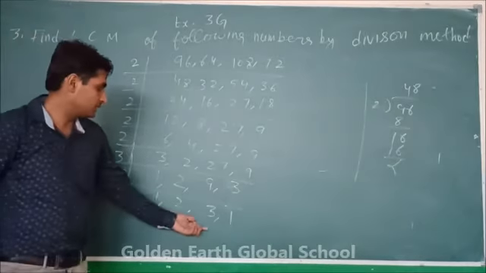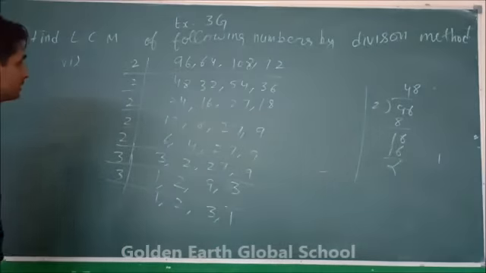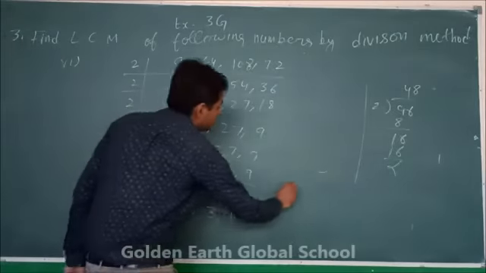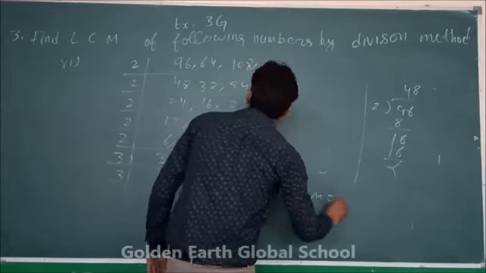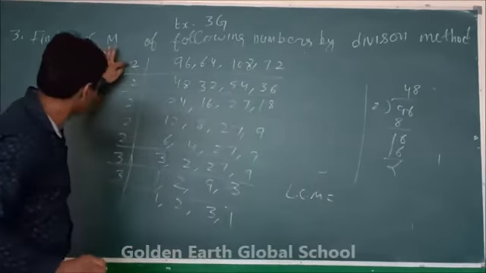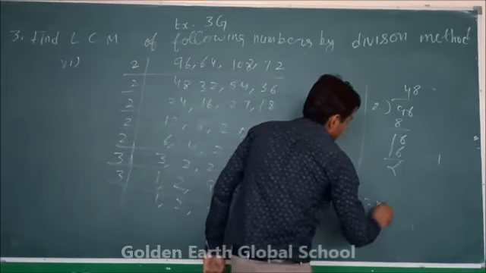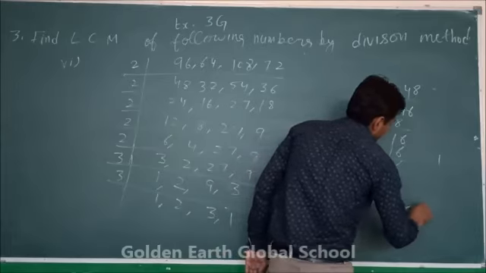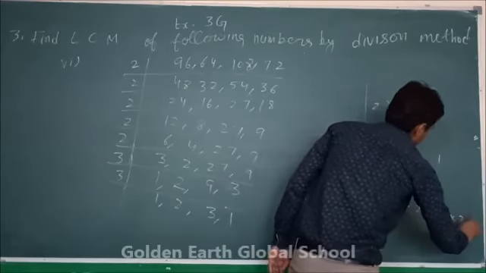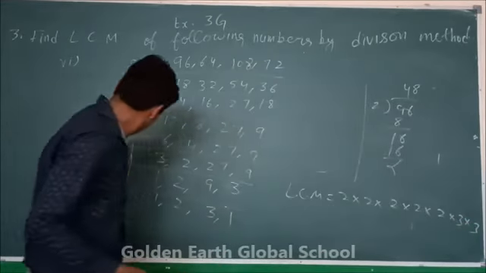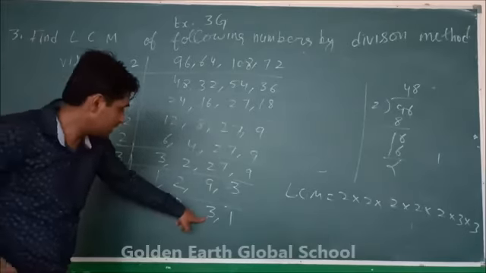Now these are different numbers. Okay, then find out the LCM. So LCM of this number is 2. How many times? 1 2 3 4 5. 1 2 3 4 5, and again 3 1 2 3 times.